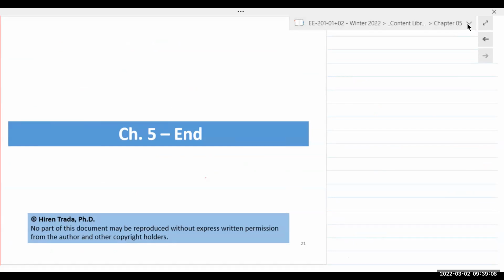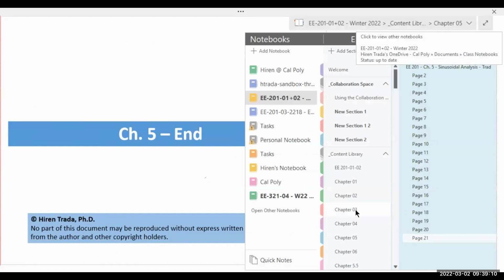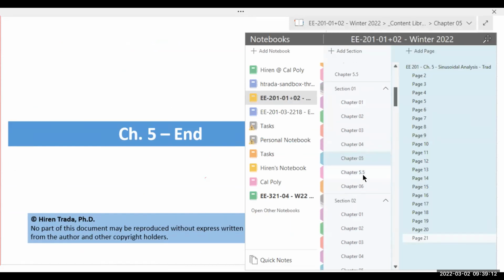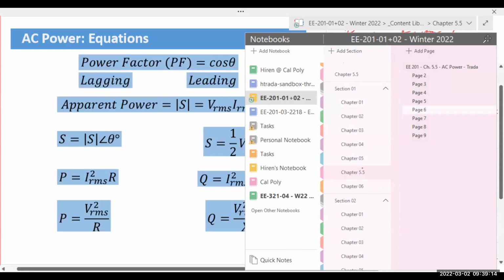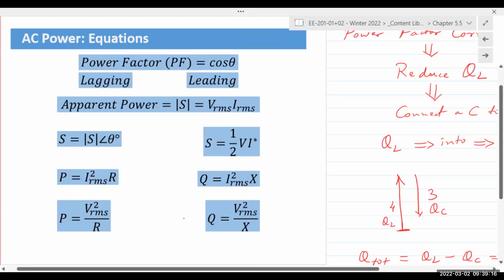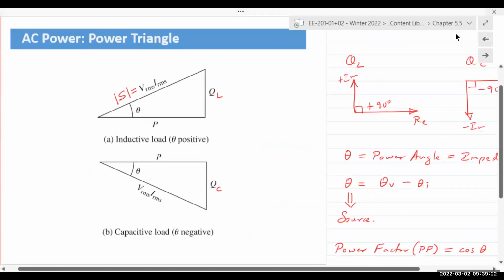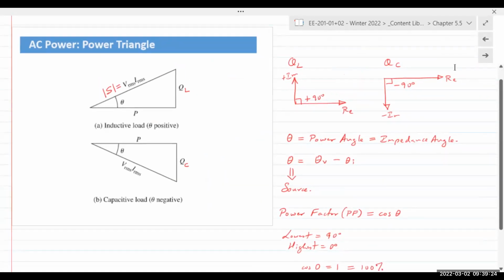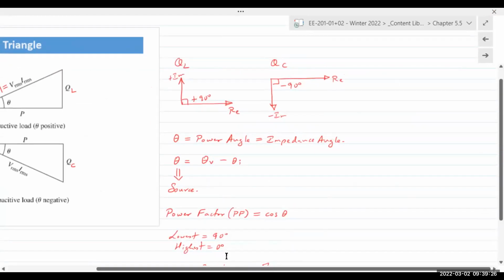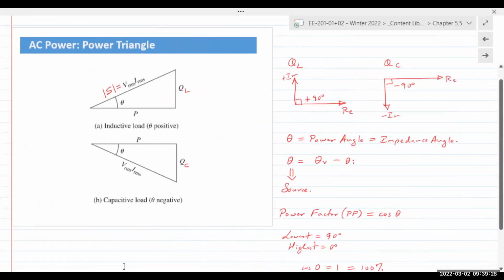So now let's look at AC power. AC power is right here. Now we had all these equations and we looked at the power triangle. It's a right angle triangle. The real power has to do with the resistance and it is lying on the x-axis, the real axis.